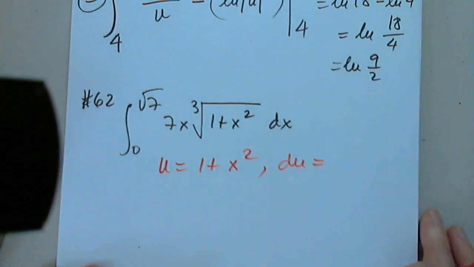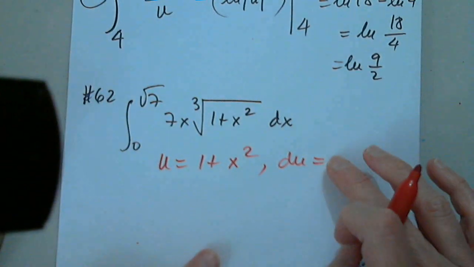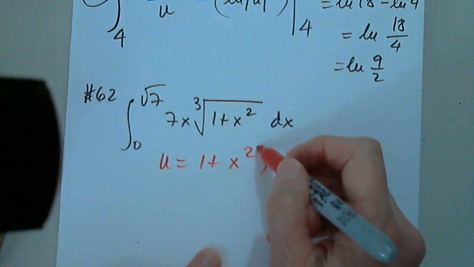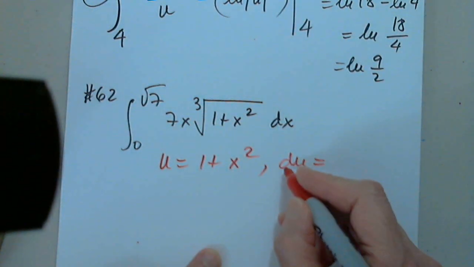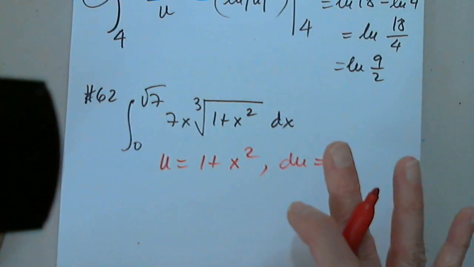As long as I have du. If I don't have du, minus a constant that I can make up anytime, then that's not the right substitution. Can anyone give us du for this function? We are differentiating, right? We're not integrating yet.